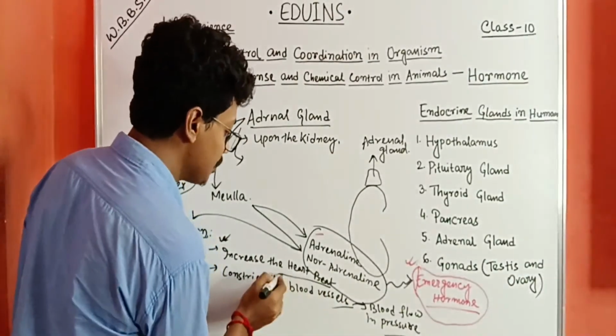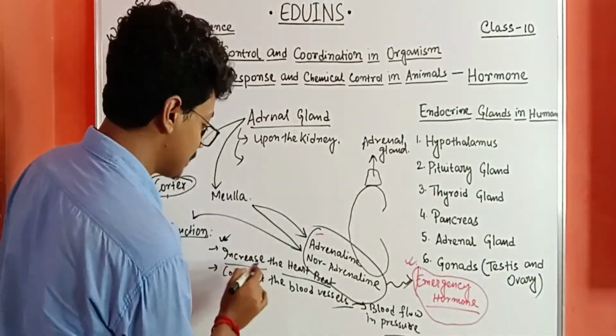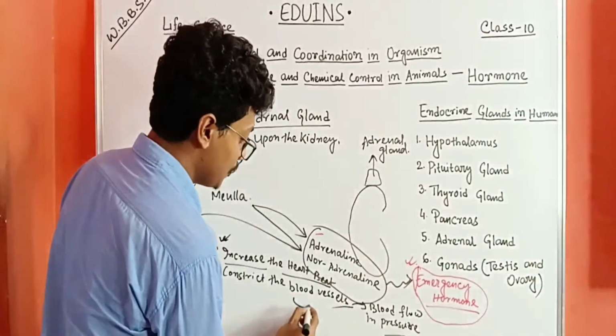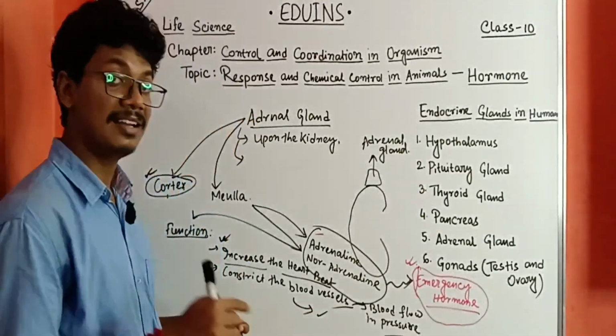The increased heartbeat, increased blood circulation and constriction of the blood vessels help blood reach the muscle cells so that I can run better.